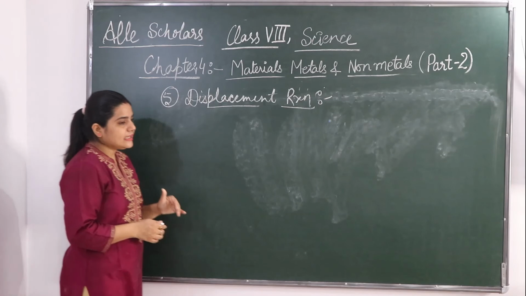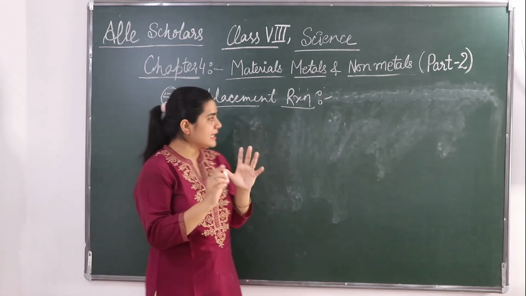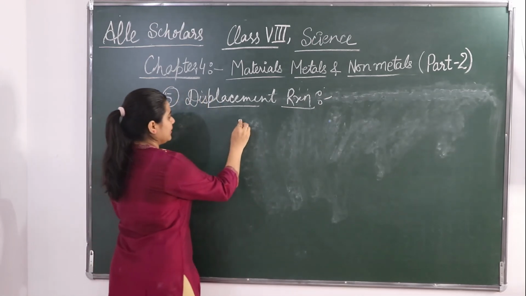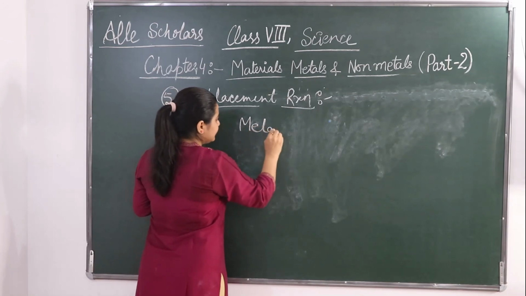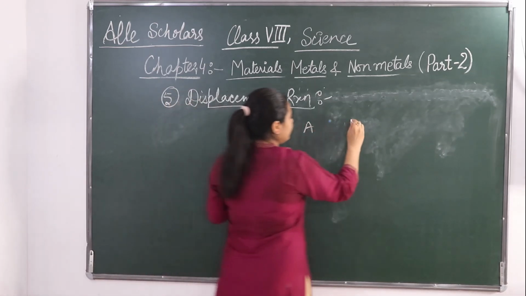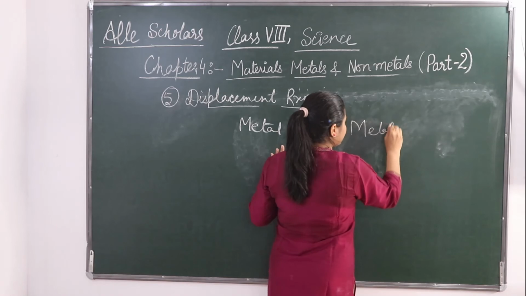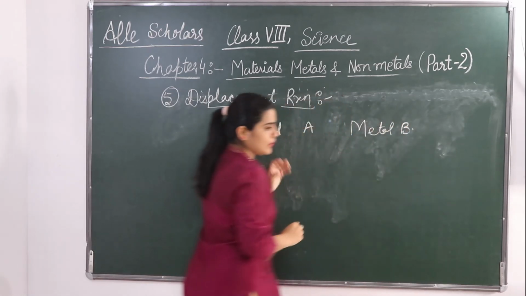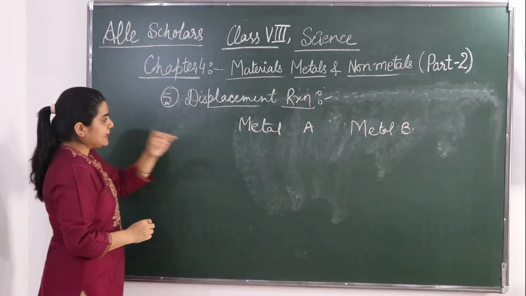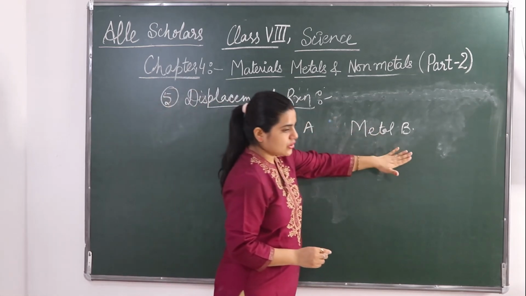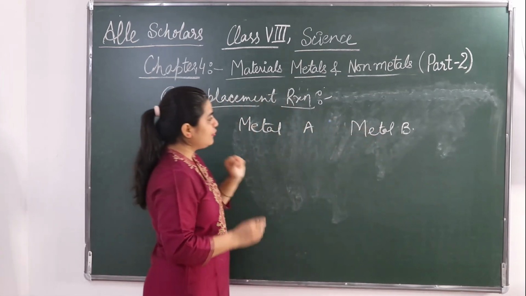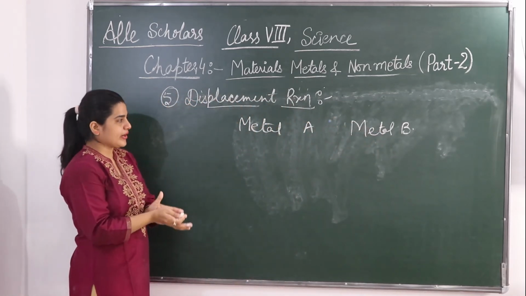So it is simple and easy. Let's take an example. Metal A is there and metal B is there. Metal A will displace the solution of metal B if metal B is more reactive.